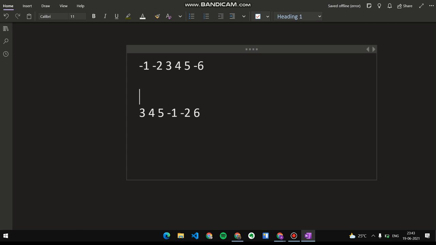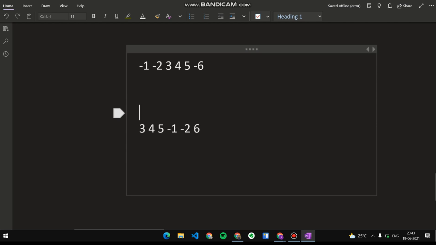It is obvious, by the pigeonhole principle: if a number is greater than the total count of positive numbers, then there will be a smaller number which is not in the array. So what we will do is traverse through the positive part of the array.